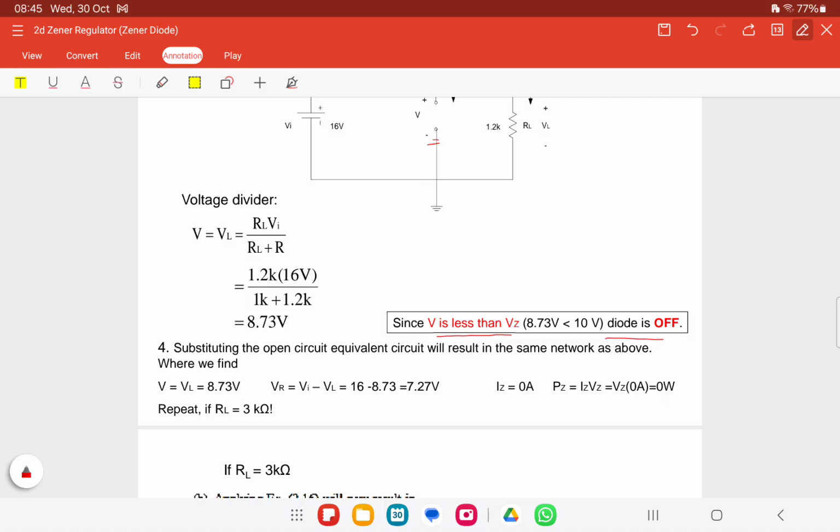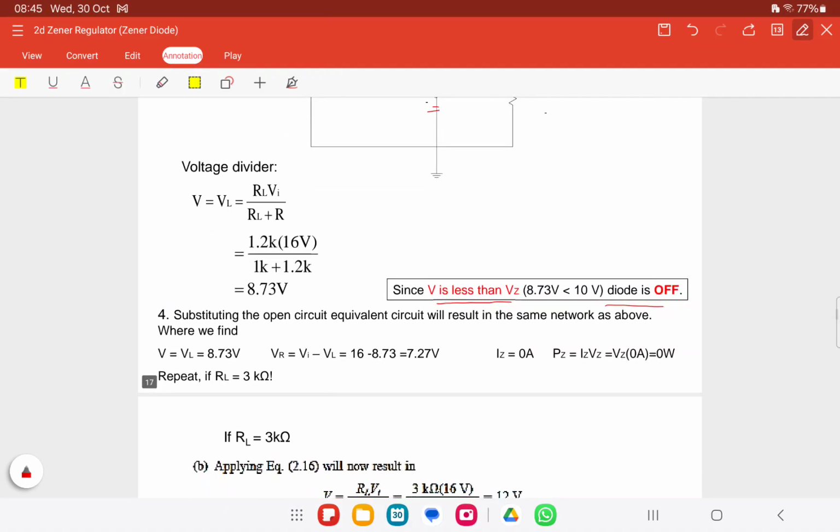So sekarang ni kita tukar the value. Bila the diode is off, IZ ni 0 lah. Okay, IZ 0, PZ pun 0. Yang lain ni biasa je, the basic concept. VR equals to VI minus VL, tu yang dapat this VR.